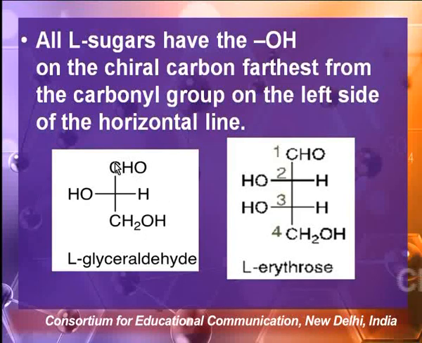You have to take glyceraldehyde as a standard, and we find that the OH here is on the left hand side. In other words, L sugars will be those which on degradation will give us L-glyceraldehyde, or they are the sugars which can be obtained from L-glyceraldehyde.